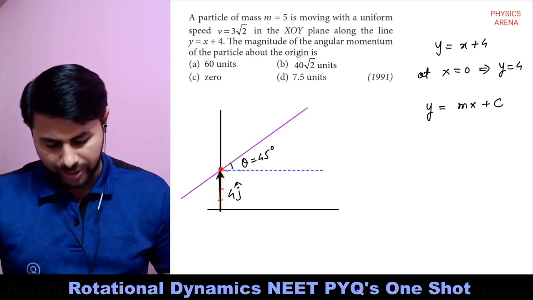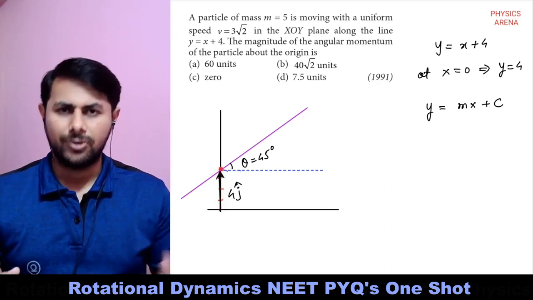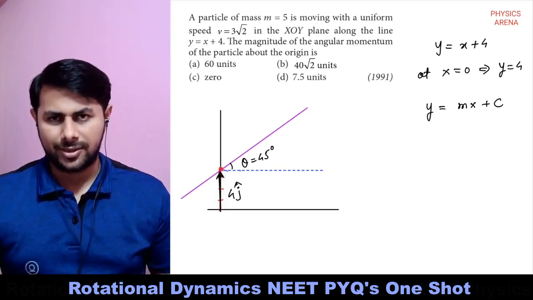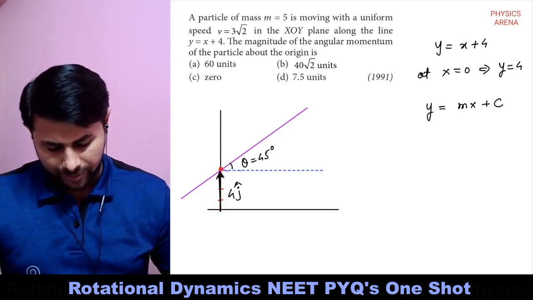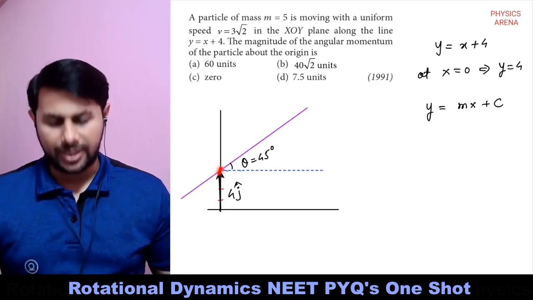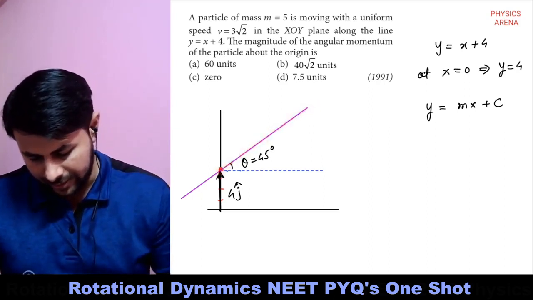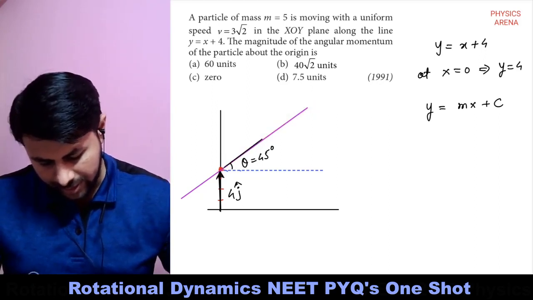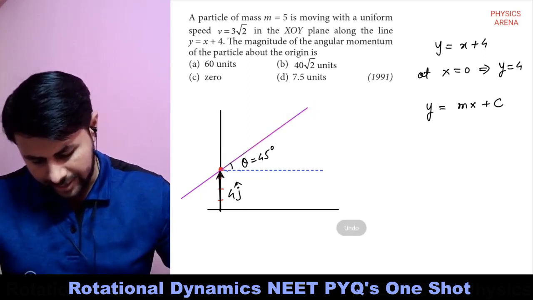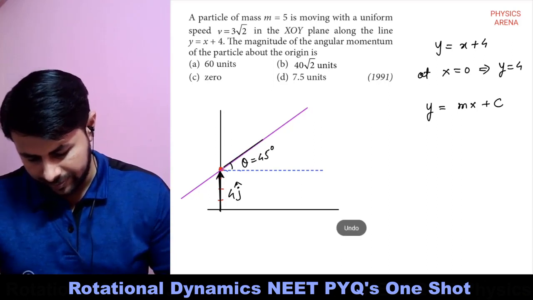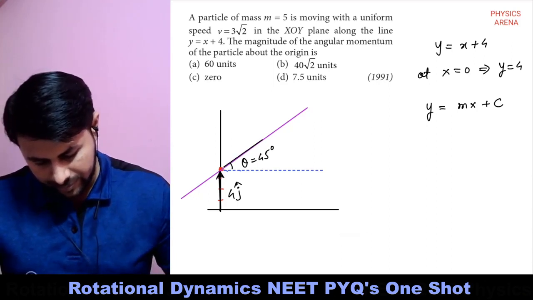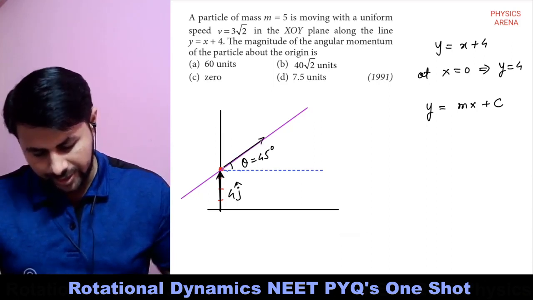What is position of this point? 0, 4. Okay, x coordinate is 0, y coordinate is 4. So position vector is 4 j cap. And then it is moving along this line. So its velocity or its momentum will be directed along this line. What's the angle between these two?